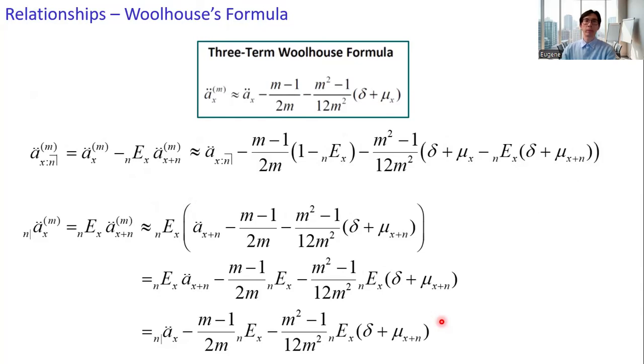Again, there's no need to memorize the formula. You are given the formula for the whole life annuity due, and then you can see the similarity. The first term is always the corresponding annuity with annual payment.